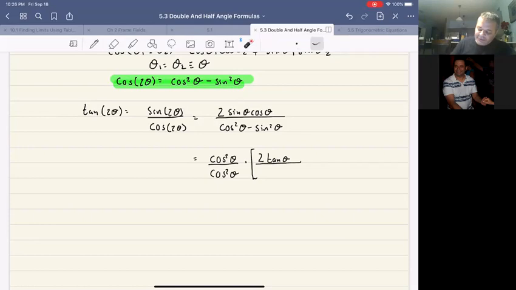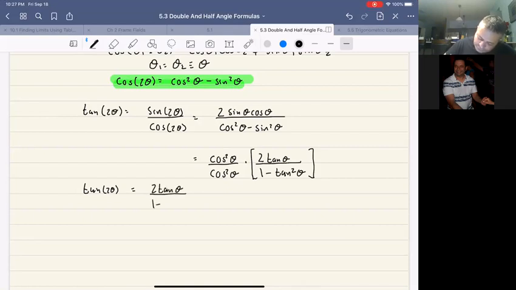In the denominator, cosine squared divided by cosine squared is 1, minus sine squared of theta divided by cosine squared is tan squared. Okay, and now these are going to cancel. So tangent of 2 theta equals 2 tan theta over 1 minus tan squared of theta.